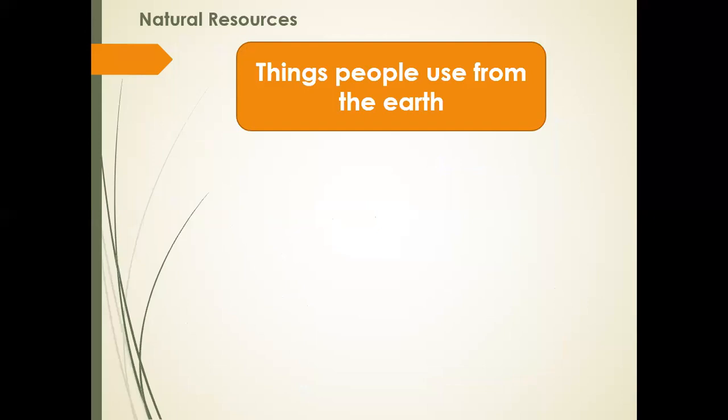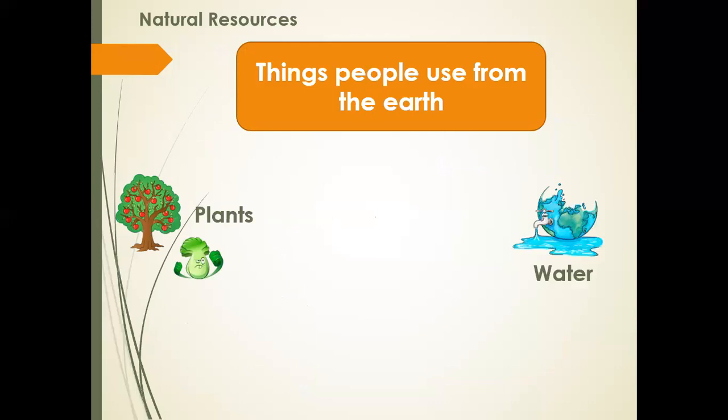What are those things that people use from the earth? We said that we are using plants as vegetables, fruits, and even the oxygen which is coming from them. We also use water for washing, for cooking, for drinking. So water is a natural resource found on the earth.